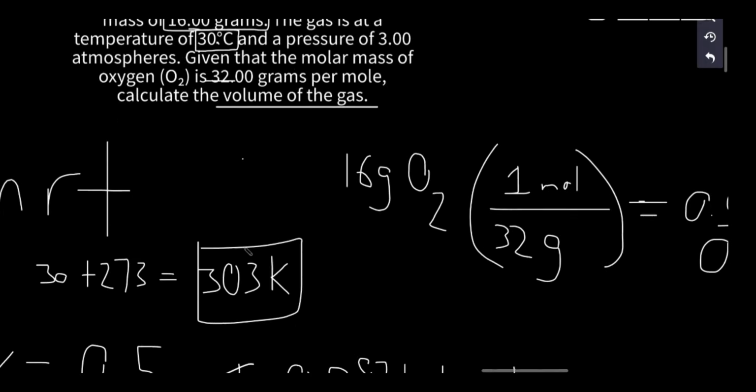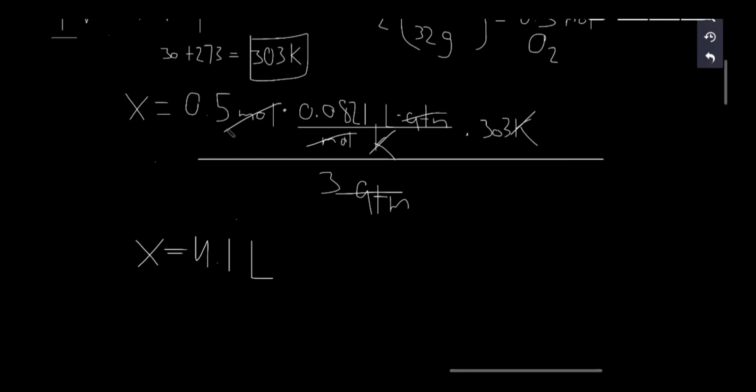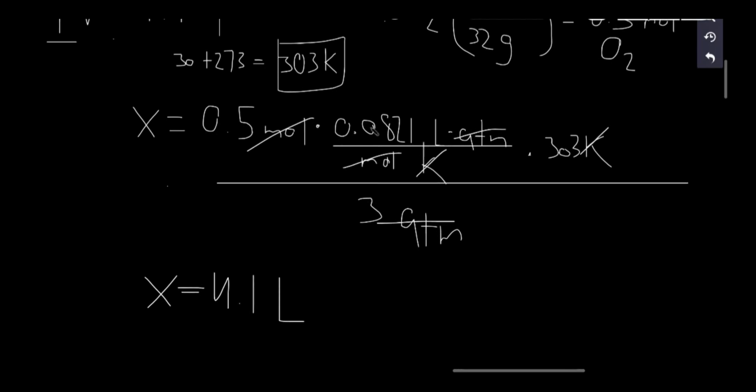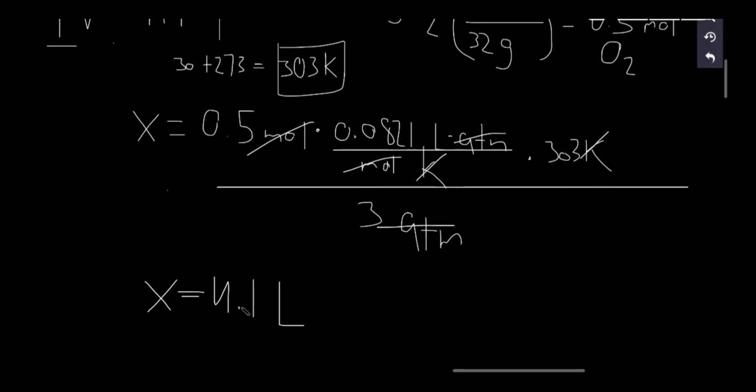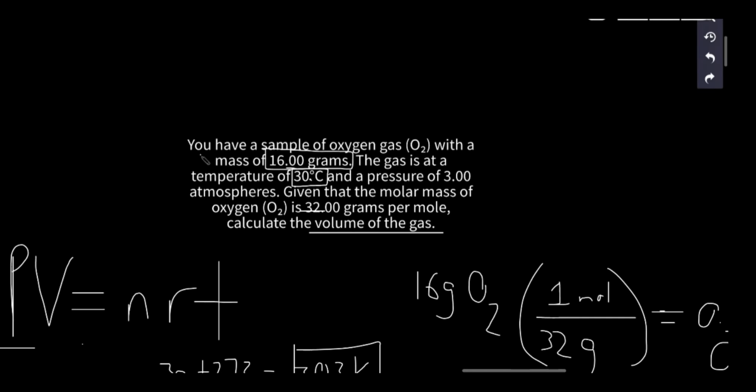So x is going to be equal to 4.1 liters. Meaning that the volume of the gas is just going to be equal to 4.1 liters. It was 4.14 liters, but I rounded to 2 digits because of the 30 degrees Celsius.